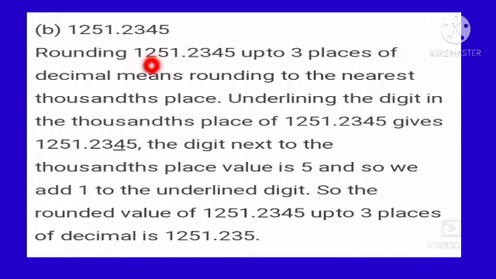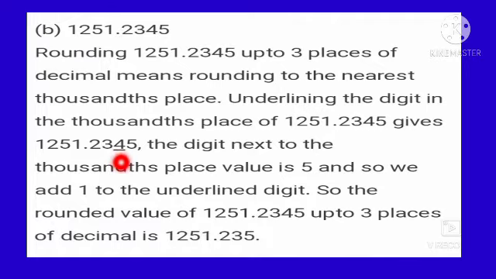Rounding 1251.2345 up to 3 places of decimal means rounding to the nearest 1000th place. Underline the digit in the 1000th place of the decimal number. So 4 is the digit which is in the 1000th place.